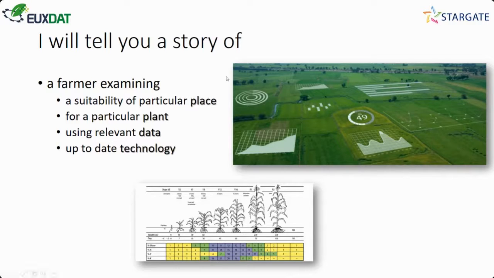Of course, sometimes the place is locked and you are searching for a plant. Sometimes the plant is locked. This is what you want, for example, to plant, and you're looking for a particular place. So the data could be used both ways for sure.